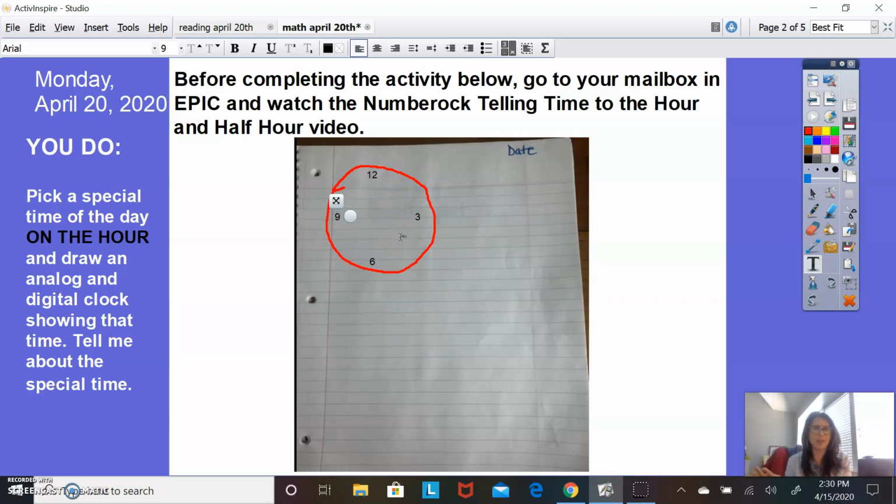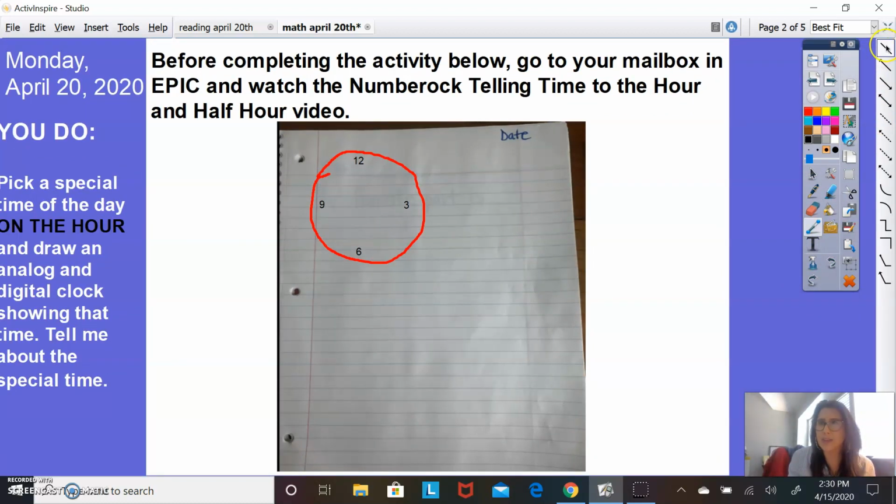Now I need to decide what special time of the day that's on the hour I want to choose. So I think I'm going to choose 8 o'clock, 8 a.m. So what I would do is I would go ahead and show that here. I'm going to draw my little line.